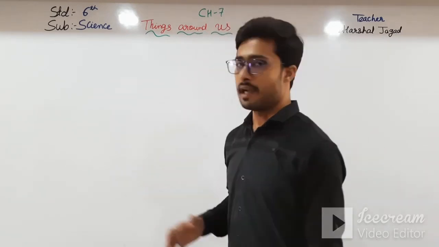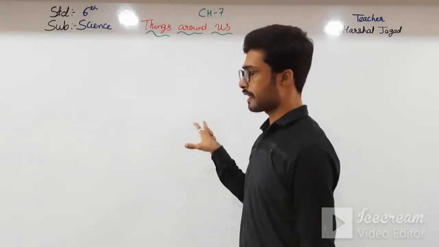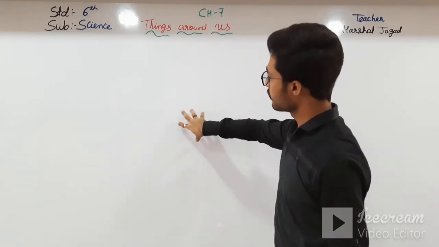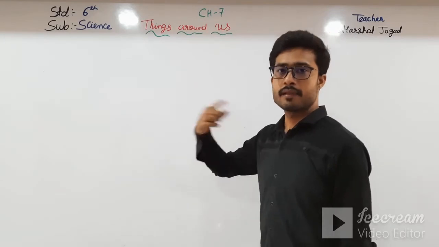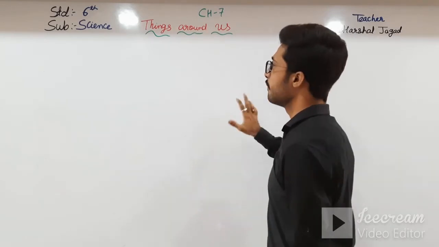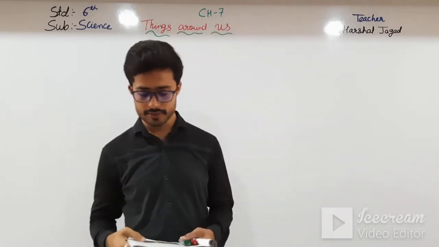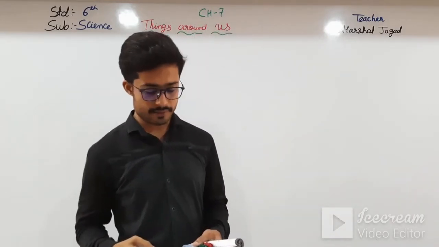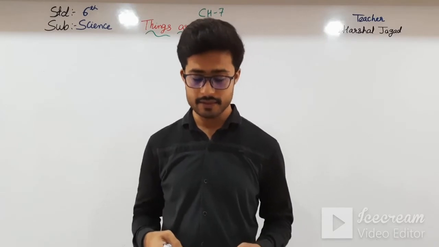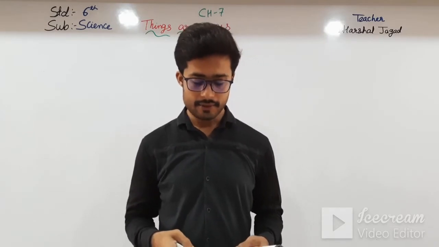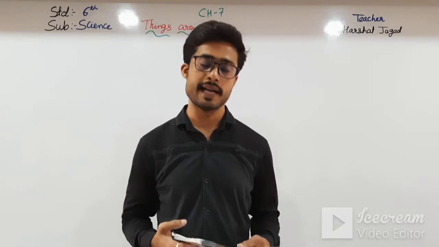Does it happen that when we take this board it is small, and as the years go on the board becomes bigger and bigger? No, it doesn't happen. So living things go through various stages between birth and death. Non-living things do not grow or die.